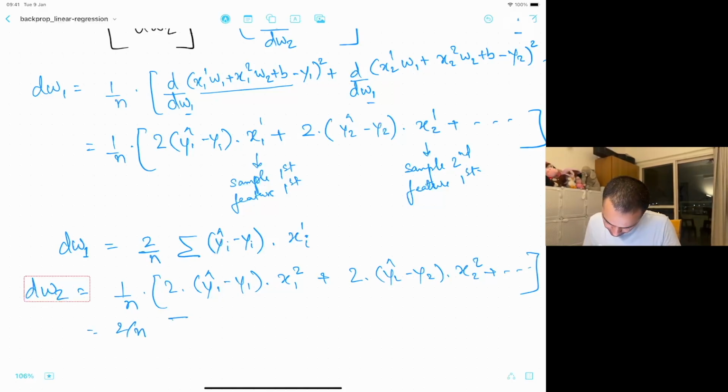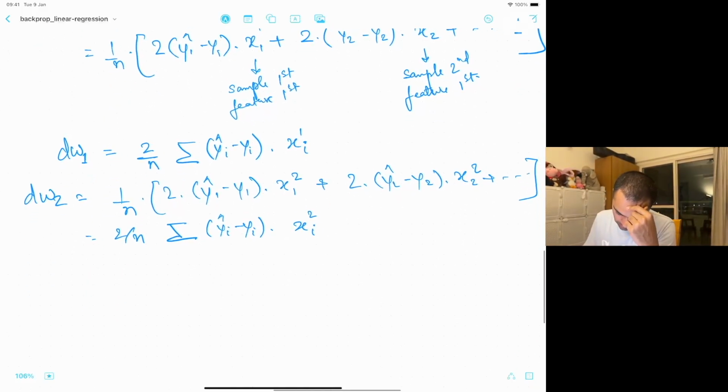Over n summation of y hat i minus yi times the second feature, all the samples of the second feature. So this is what we'll see.